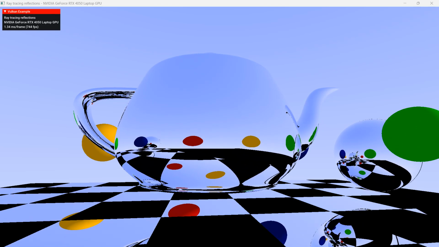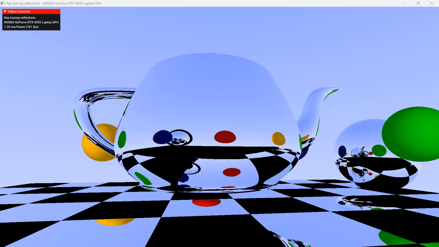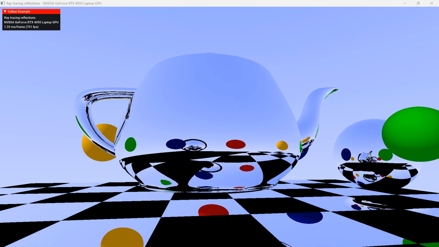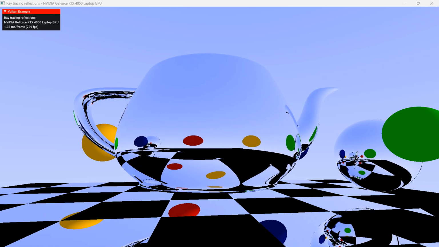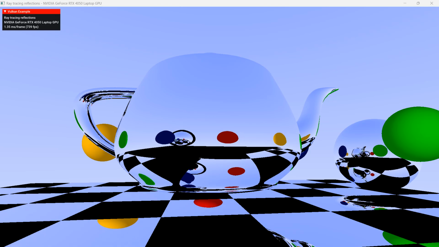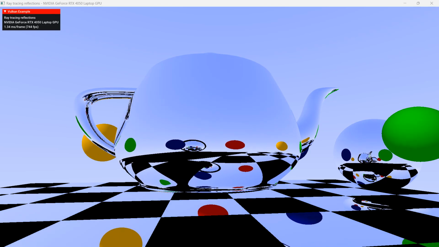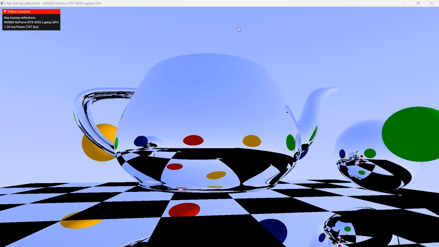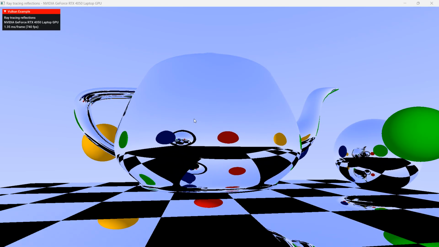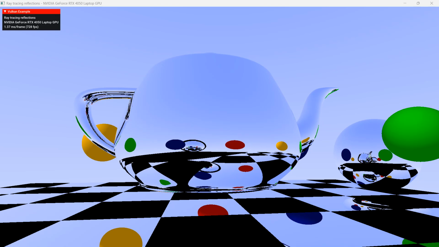Basically, what we do is in the hit shader we modify the normal calculation to kind of skew the normal and follow the light source, right?